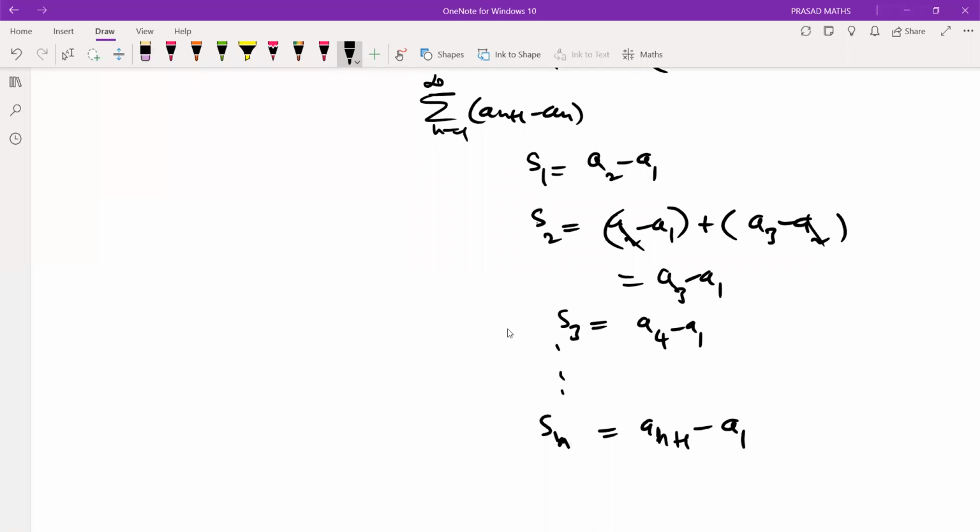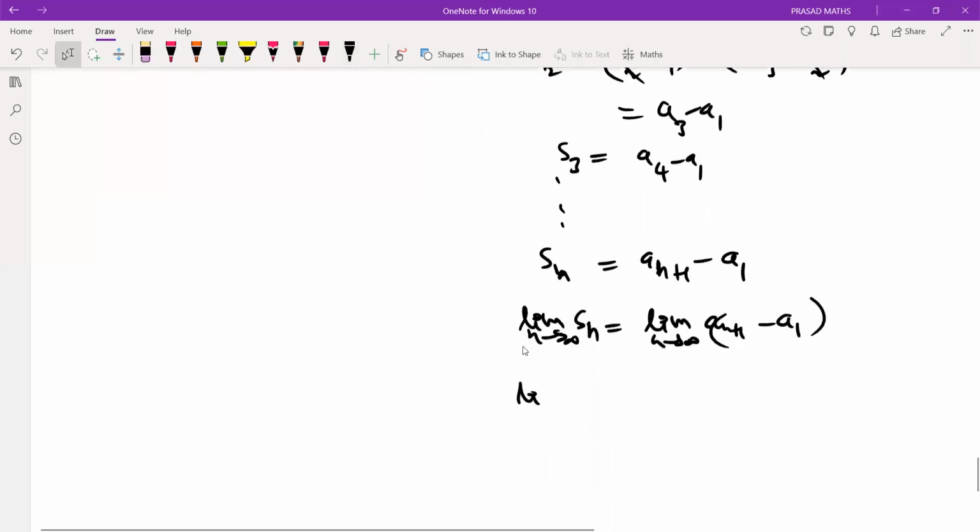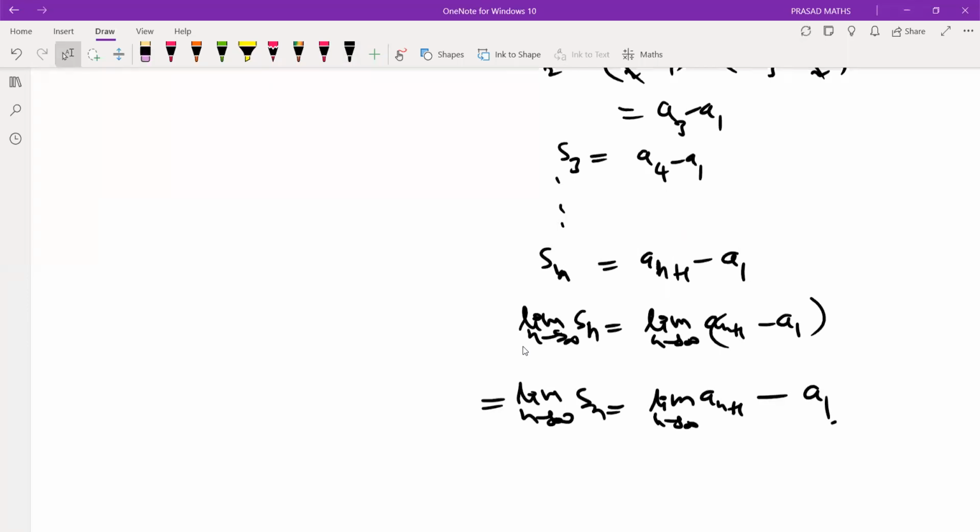So what do I actually need for the limit value? I need the series value, and for the series value I need the limit of the partial sums. So the limit of this is exactly the limit of a(n plus 1) minus the limit of a constant a1, which is exactly a1. Therefore, what is the series value?